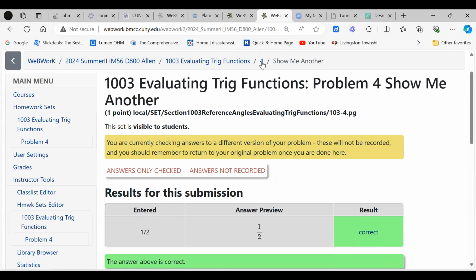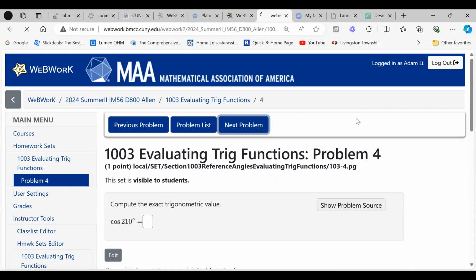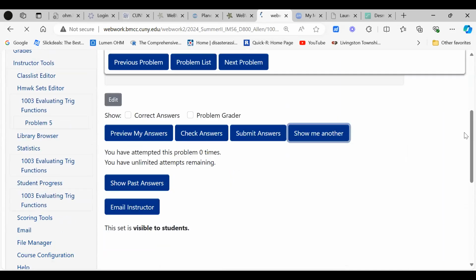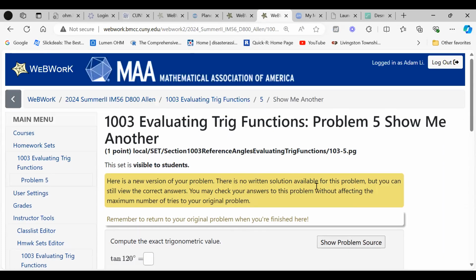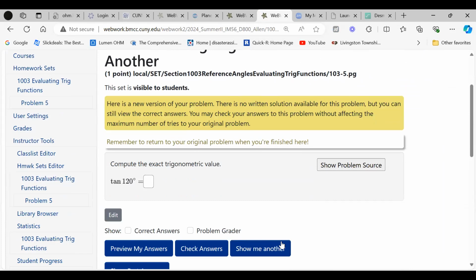Okay, next, take a look at the next question. Tangent 120 degrees. Yeah, that will work. All right, so I'd like to try really quickly before I go over the solution.